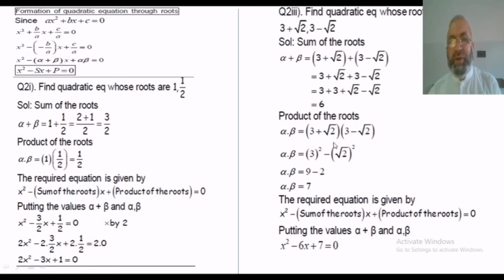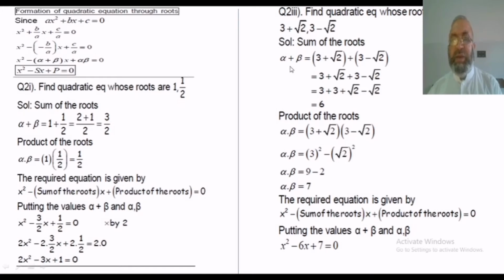So we have the form a plus b into a minus b is equal to a square minus b square. Using that formula, we have 3 square minus under root 2 square, in a square minus b square form. Expanding this, 3 square is 9, and the square and square root cancel, so only minus 2. So 9 minus 2 is 7.